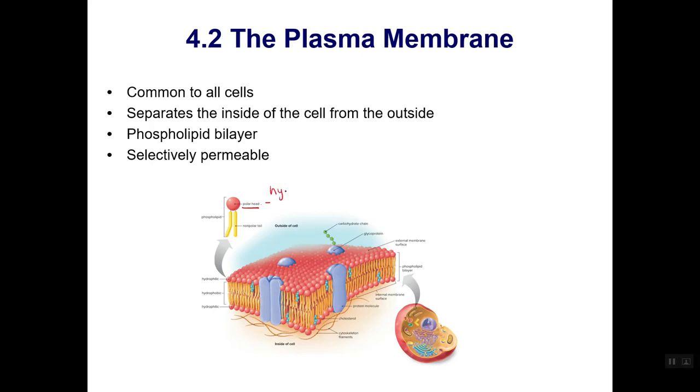It is hydrophilic, which means it likes water. And then it has a nonpolar tail, which is made up of two fatty acids. You can see one here and the second one there. The nonpolar tail is hydrophobic, which means it does not like water.